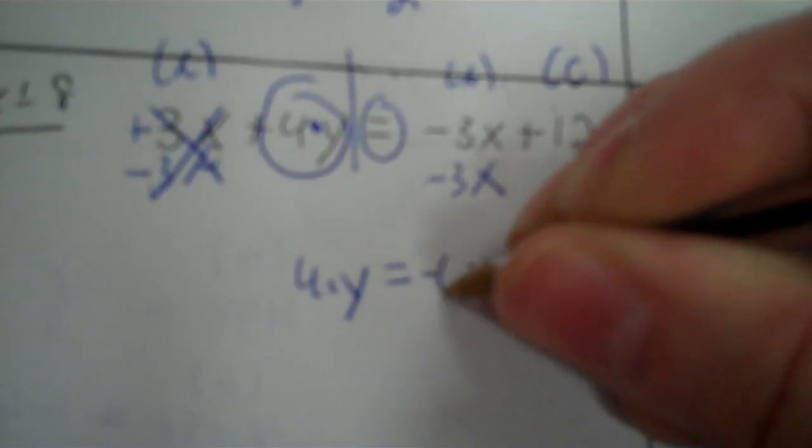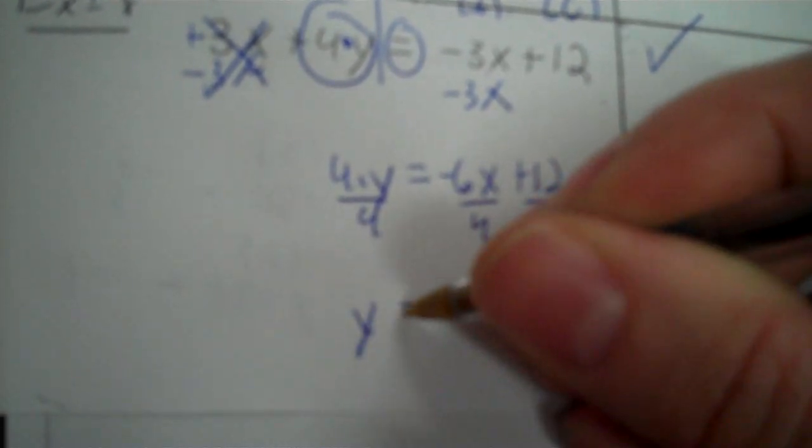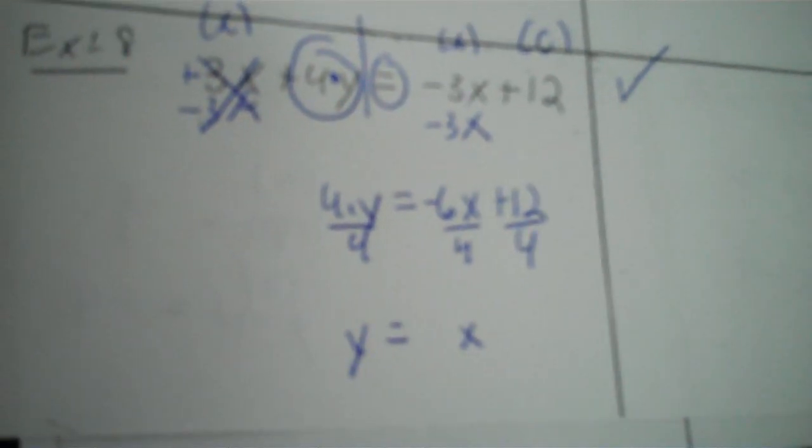So it would be negative 6x plus the 12. Then divide all the terms by 4. And then y equals, put my x down. Negative 6 divided by 4, I don't want a decimal. Simplify, I don't want a mixed number. Fraction, negative 3/2. And then 12 divided by 4 is 3. So m and b: negative 3 over 2 is my slope, 3 is the y-intercept.